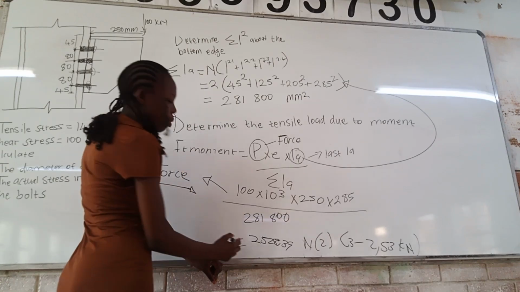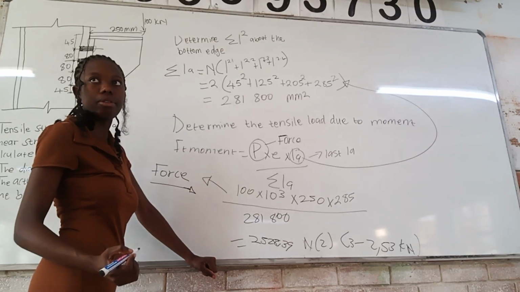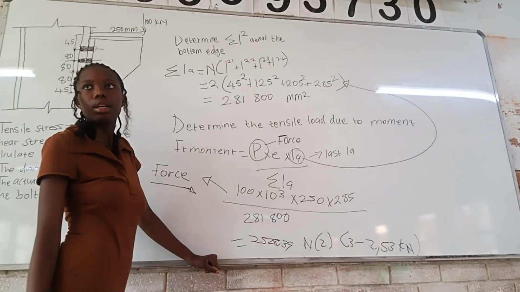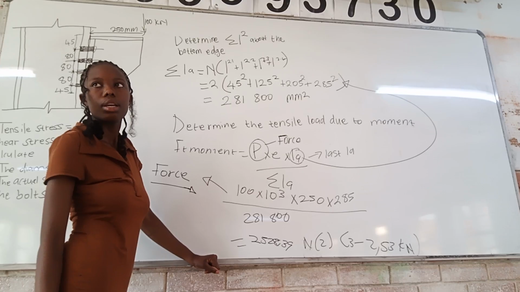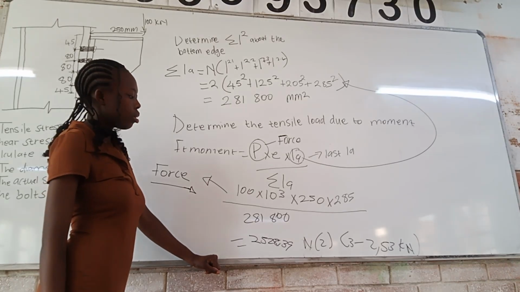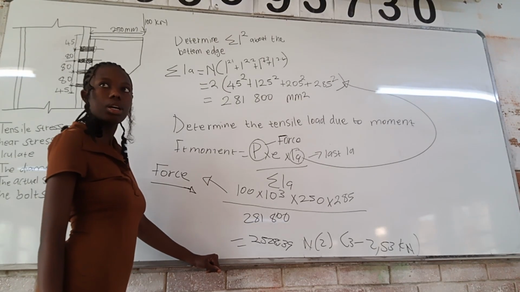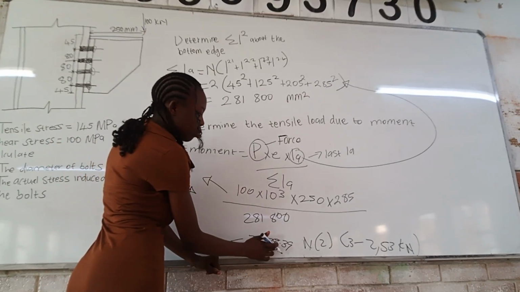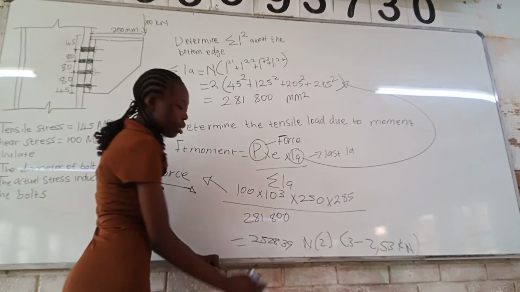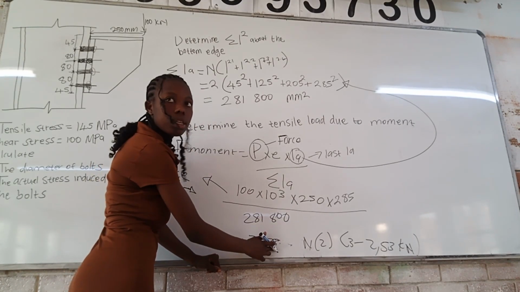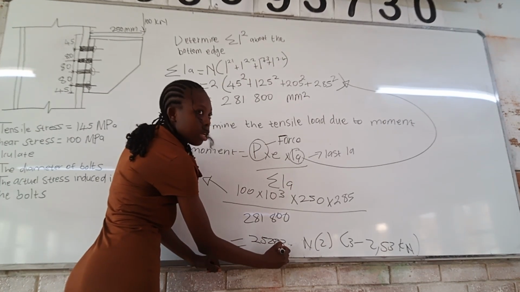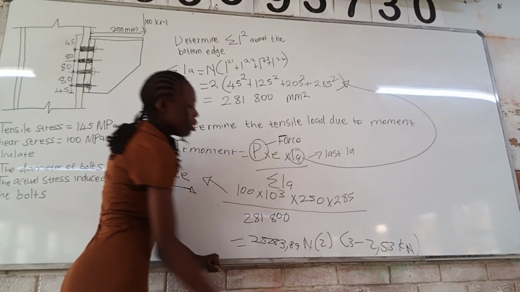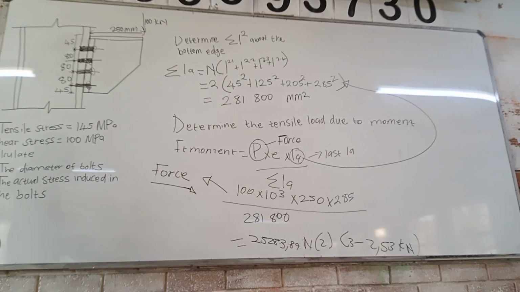We divide by 1,000 to convert from newton to kilonewton.